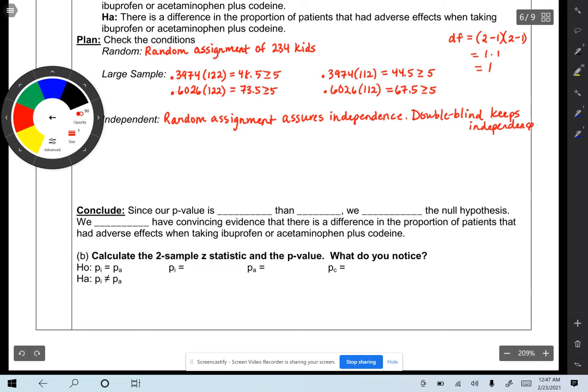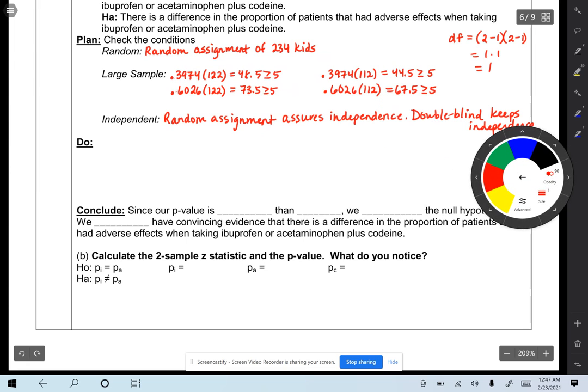All right, and now for our do portion. Our chi-squared statistic is equal to 36 minus 48.5 quantity squared divided by 48.5, plus 86 minus 73.5 quantity squared divided by 73.5, plus, and so on.